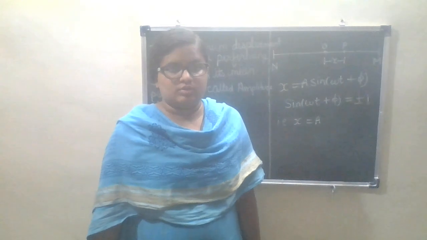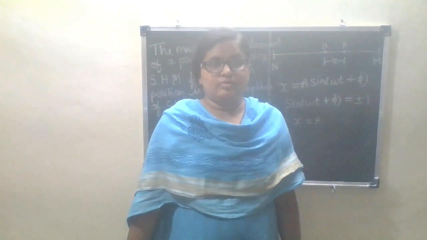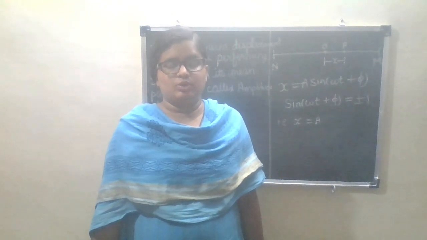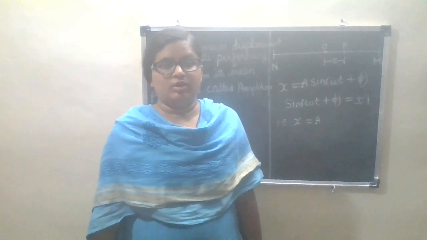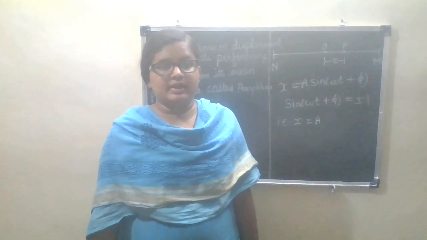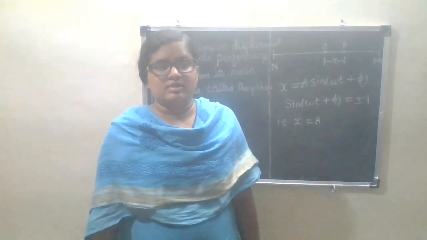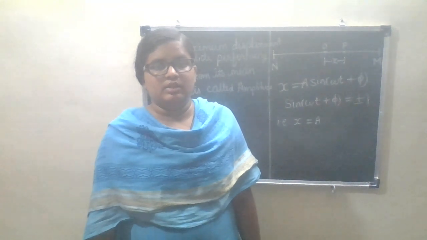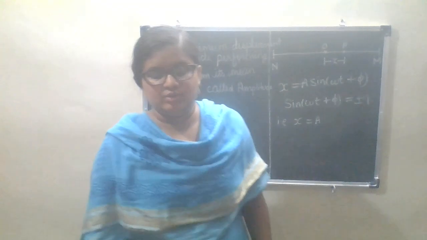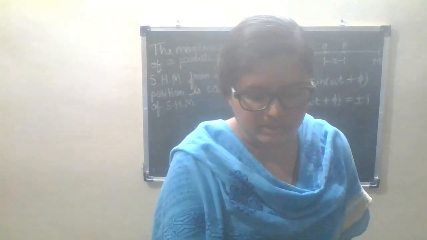And if the value of sine omega t plus phi is equal to plus or minus 1, or maximum, then x is equal to a, meaning the distance a is maximum. This is the amplitude of the simple harmonic motion.